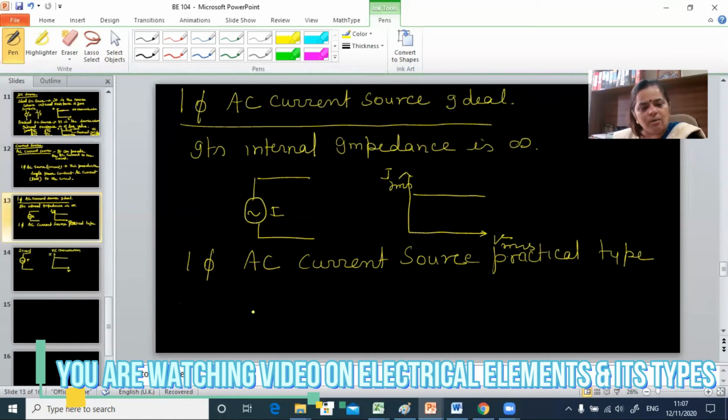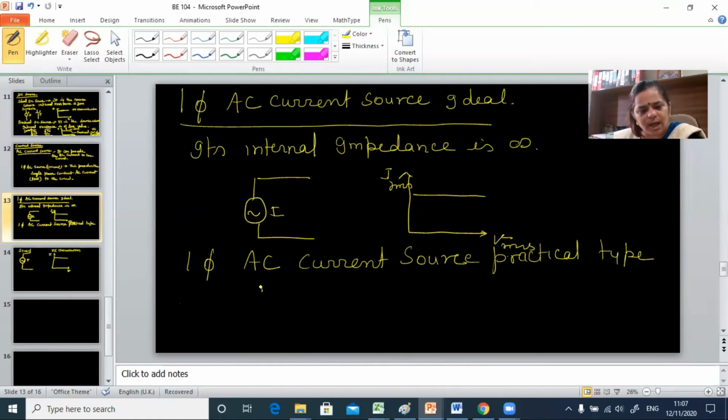Okay, now if I plot the practical type, we have to connect Zin in parallel with the current source. Okay, so this is the symbol for the practical type.